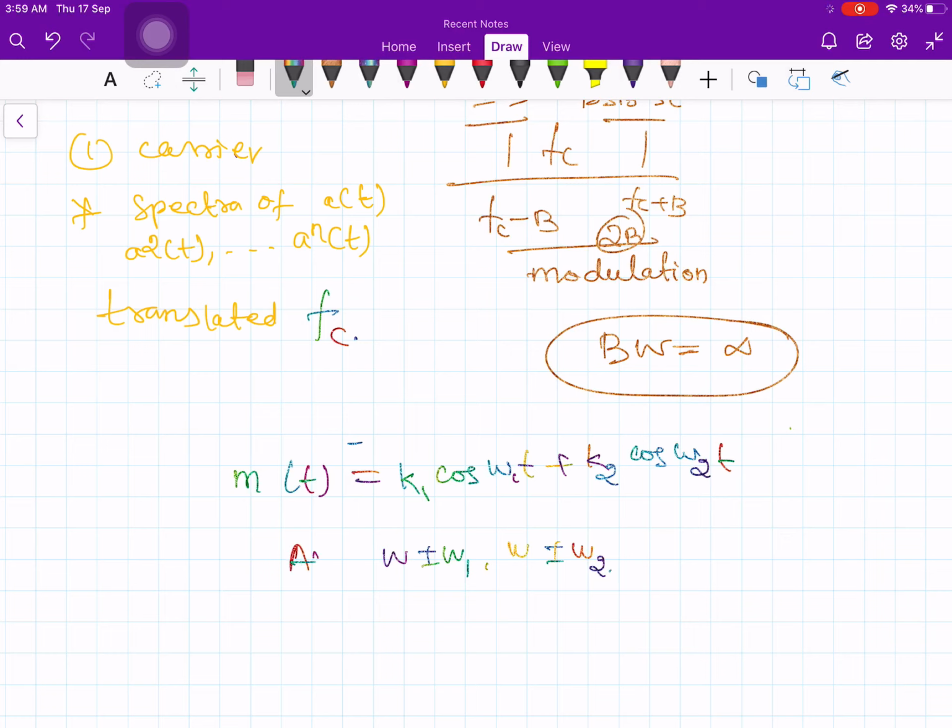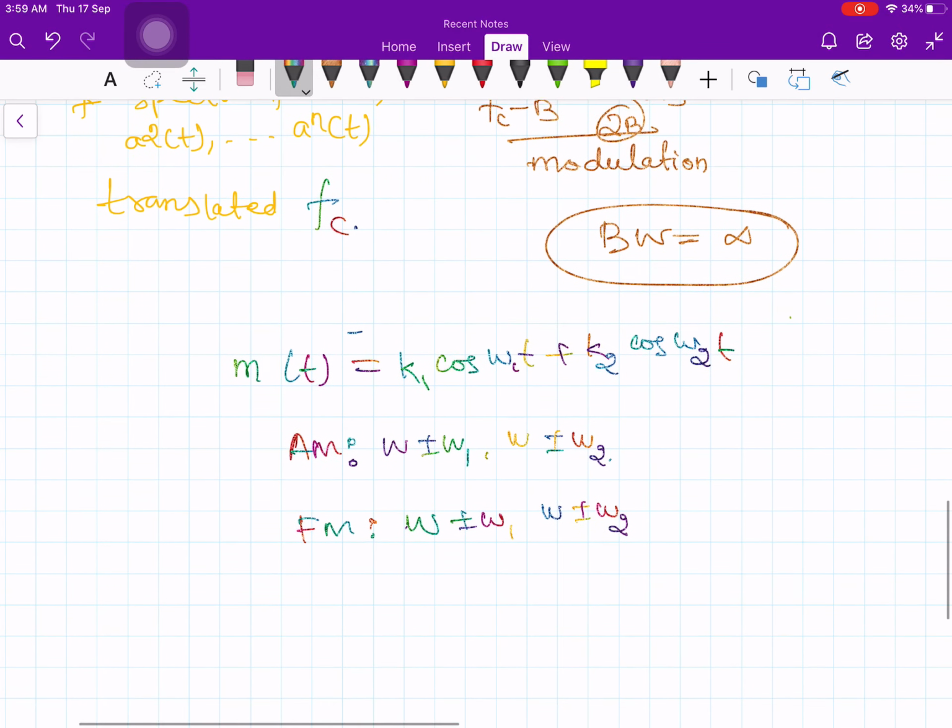This is for the AM case, but we are talking about FM. Therefore in the case of FM, not only will you have omega plus or minus omega 1, omega plus or minus omega 2, but you will also have omega c plus or minus n omega 1 plus or minus n omega 2 in the frequency modulation.